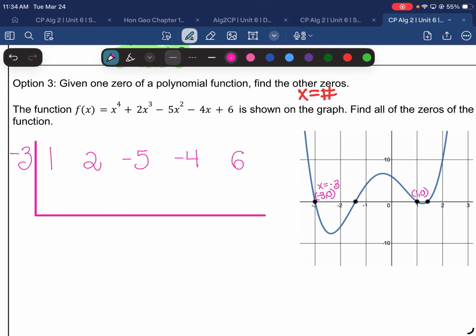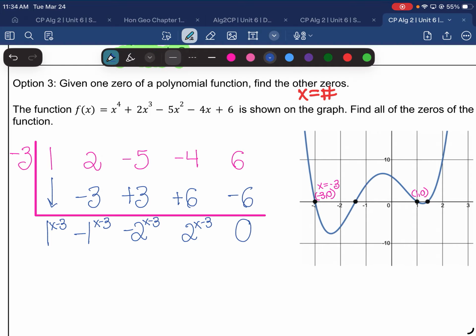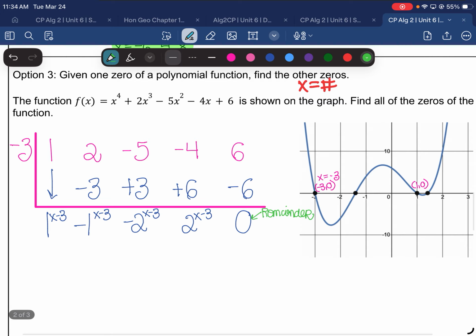And do your synthetic division. Hopefully you'll get a remainder of 0.